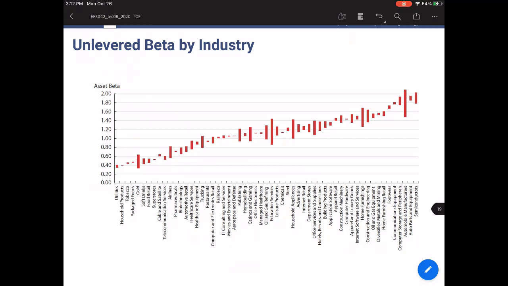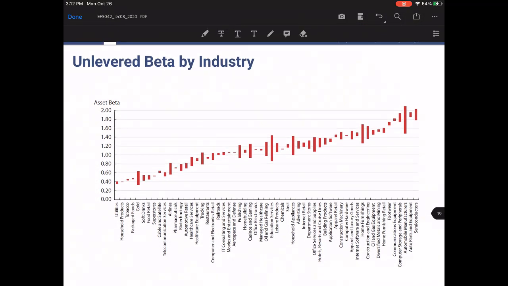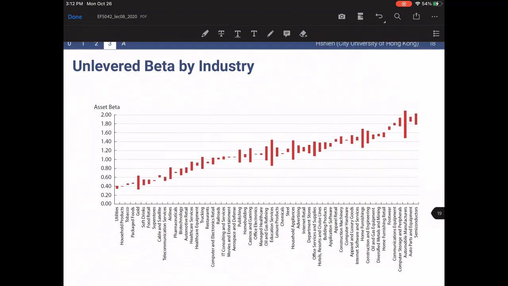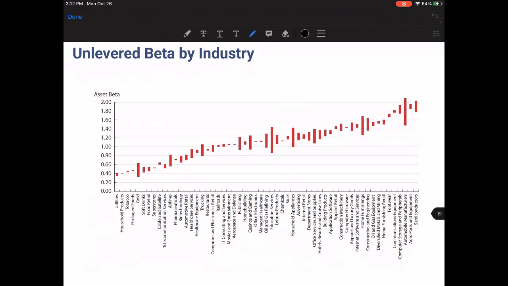All right, so unlevered betas by industry, we can see how the betas vary from industry to industry. So if you look at betas, say, below 1. Remember, beta of 1 means that it moves 1-to-1 with the market.